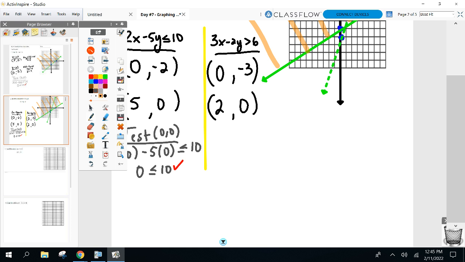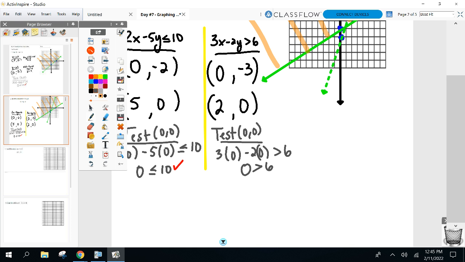Everyone's all right? Test a point. Three times 0 minus 2 times 0 greater than 6? Zero greater than 6?